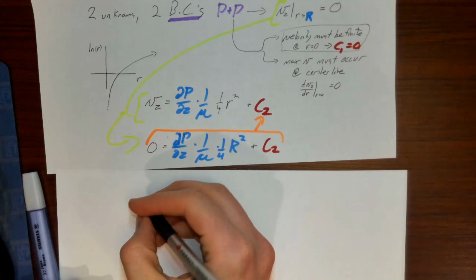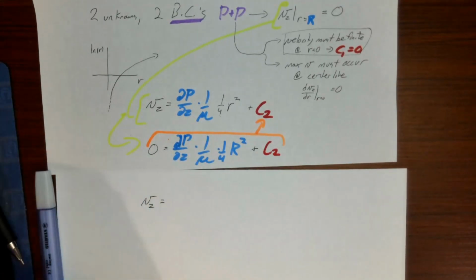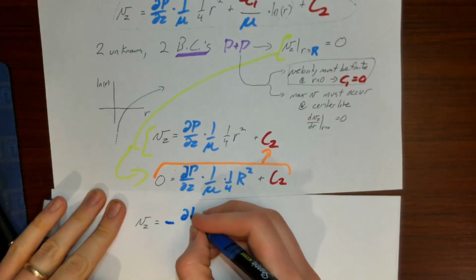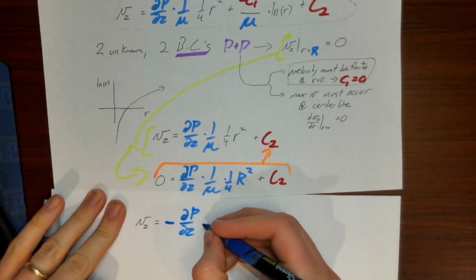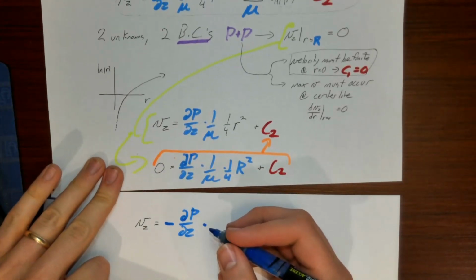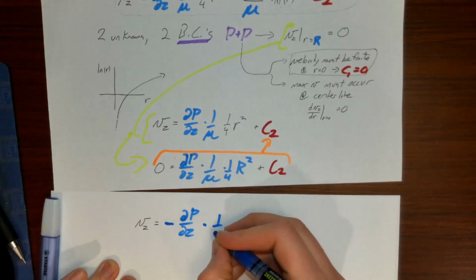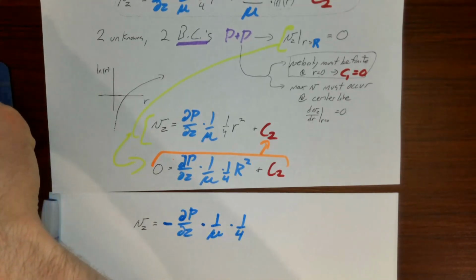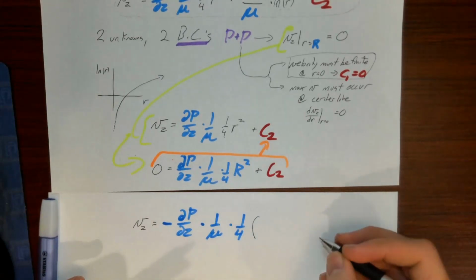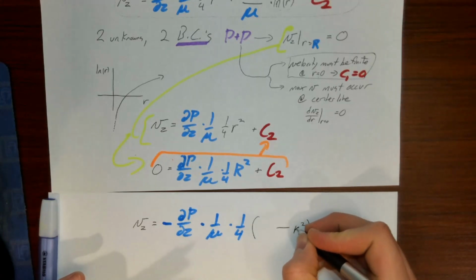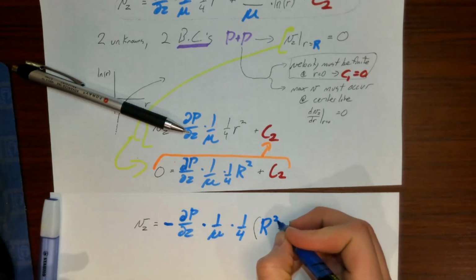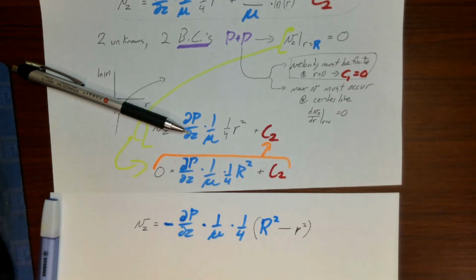We get vz is equal to minus dp/dz times 1 over mu times 1/4 of big R squared minus little r squared. I did some flipping around and some minus sign business, but we can basically get to this result right here. All right, success.